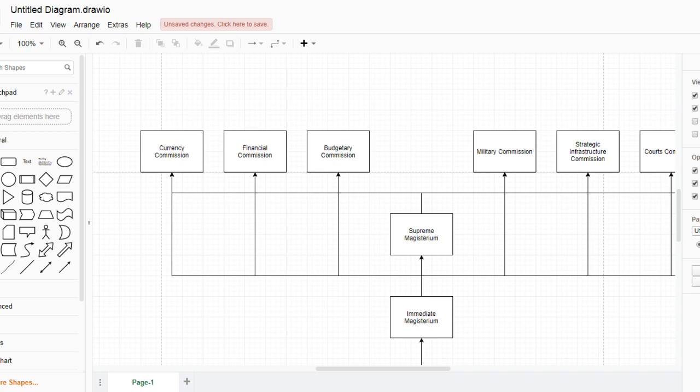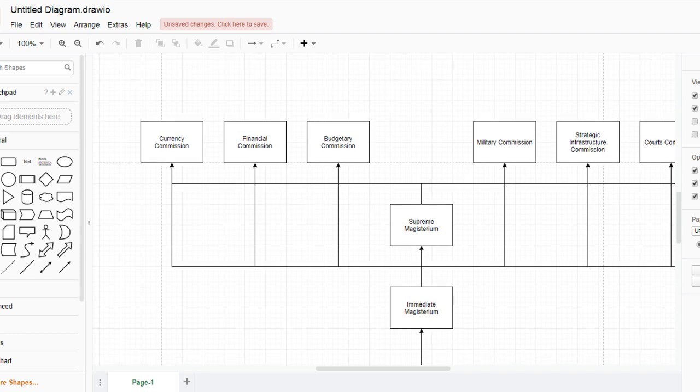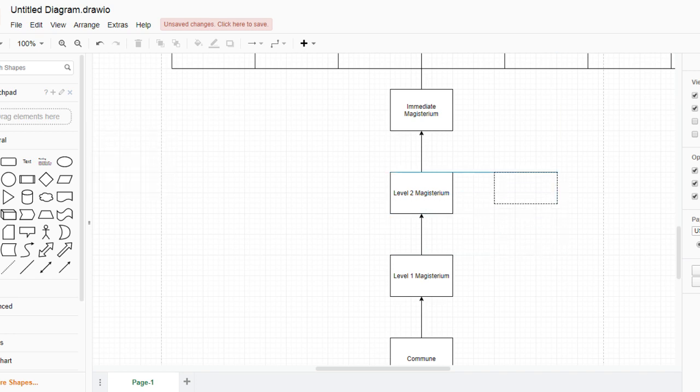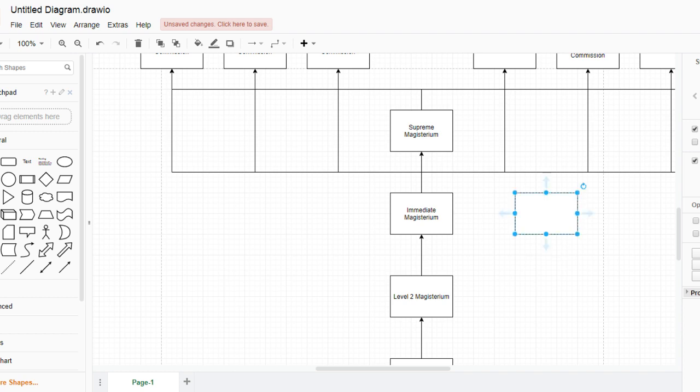Now, I can actually make a more detailed org chart of things as well, because actually, all the magisteria have their own responsibilities for records, for courts, and for military, and for infrastructure.